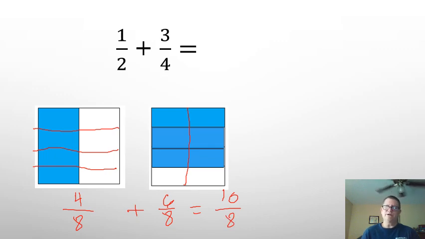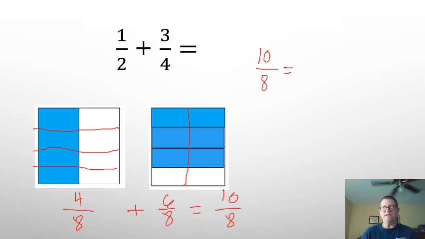Now, this is a fraction that's greater than 1, and you're going to see in future lessons, I don't always require you to reduce them or convert them to a mixed number, but I want to just show you how you would decode this.